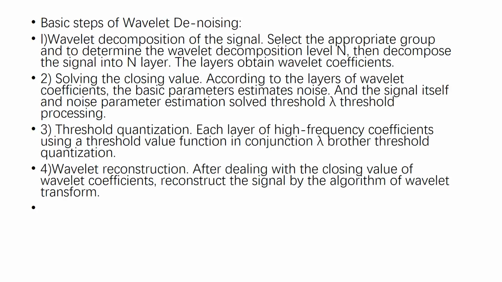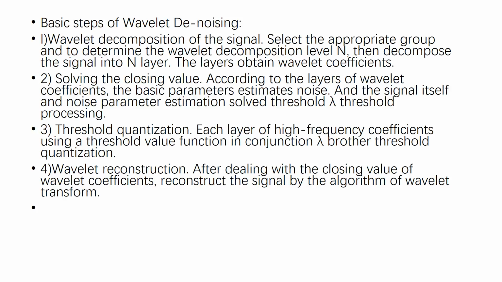Here are the basic steps for wavelet denoising. First, wavelet decomposition of a signal. Select the appropriate wavelet basis, determine the wavelet decomposition level, and decompose the signal into n layers.